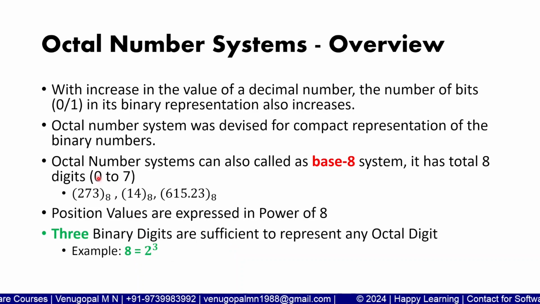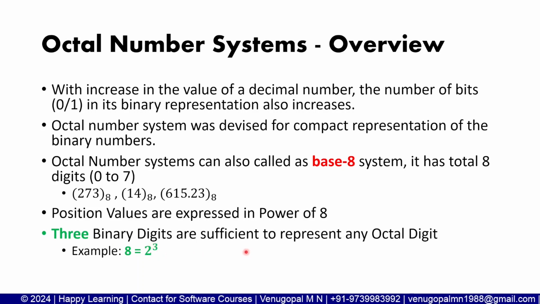We know the octal number system has a total of 8 digits, starting from 0 to 7, correct? So in order to represent this in binary form, a combination of zeros and ones, we need 2 to the power of 3, which is nothing but 3 digits in binary form. Only 3 digits are sufficient to represent any of the octal digits.